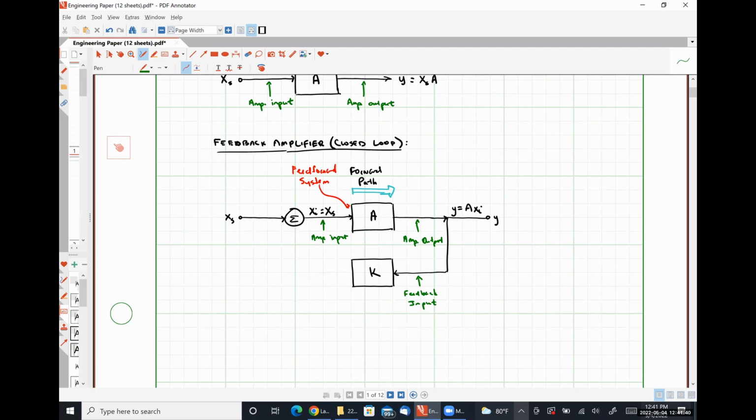So I am arbitrarily just using the capital letter K here as a generic scaling factor that represents our feedback, okay? So in the textbook, if you look through that or several different online resources, you will probably see this written as beta. I am intentionally not doing that because I feel like it would be too confusing.